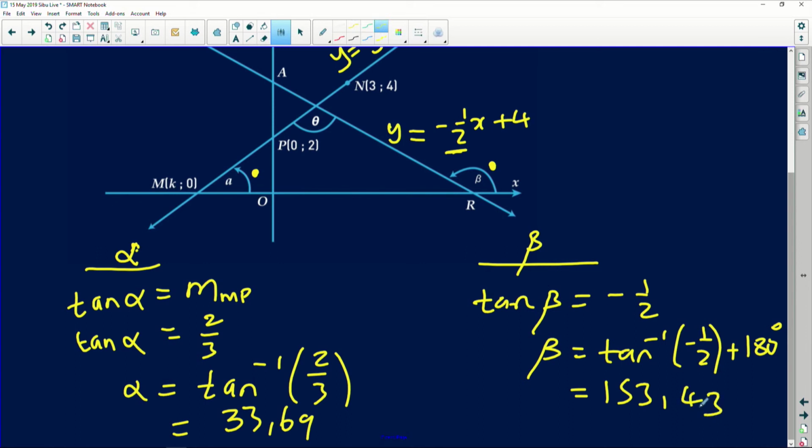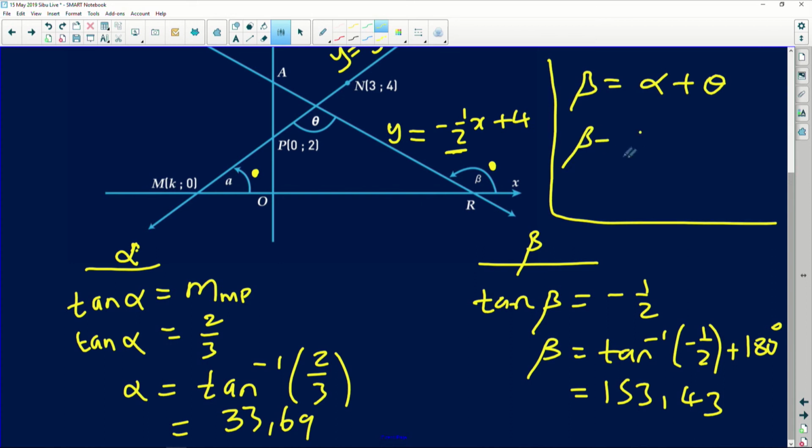So once I have these two, I can use them to figure out the value of theta there. I'm simply going to say the exterior angle, beta, equals the sum of the interior opposite angles, alpha plus theta.